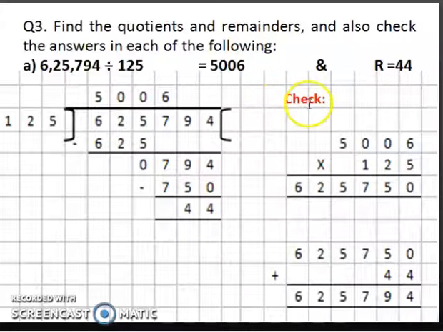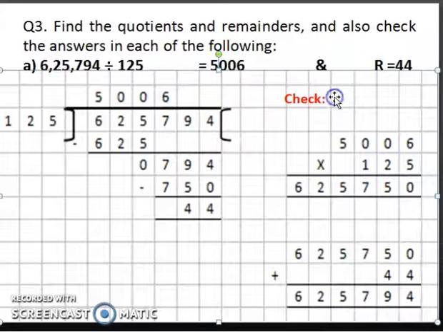For the checking, recall yesterday's session. You have to write here dividend is equal to divisor multiplied by the quotient plus the remainder. So what is my divisor? 125. What is my quotient? 5006. Now it will be a 3-step process.